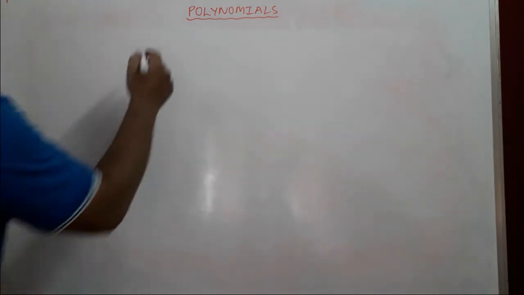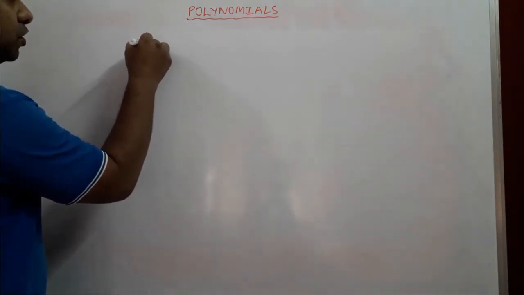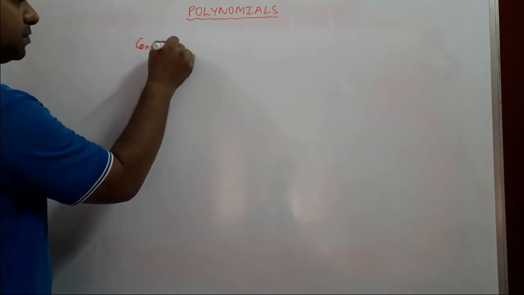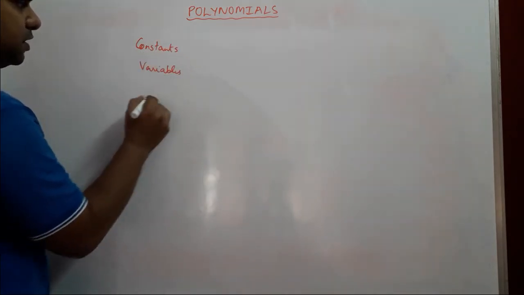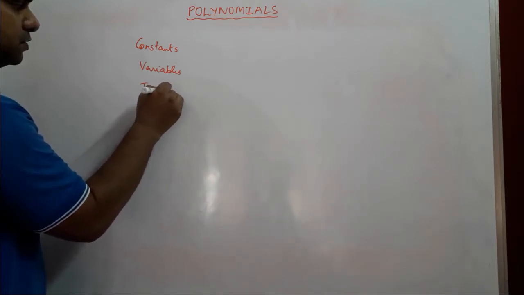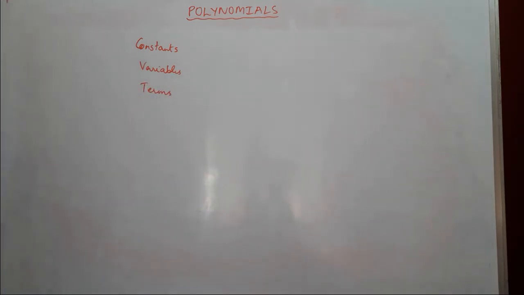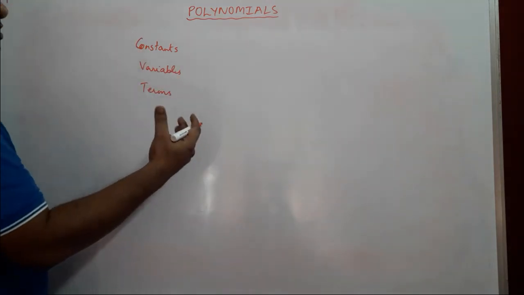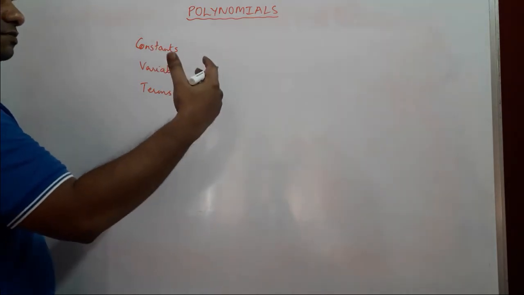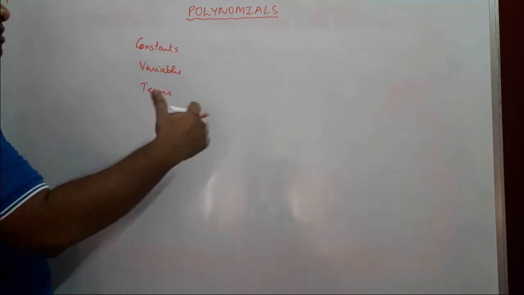We'll begin first with something called constants, then variables, and also terms. What are constants? The actual definition of constant means something that does not change or something that remains the same.